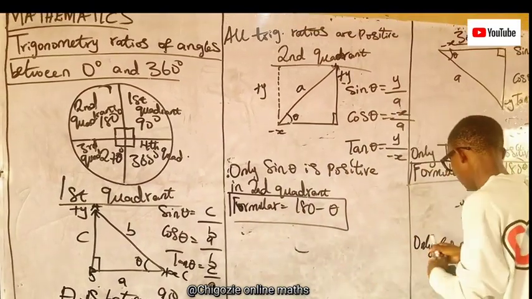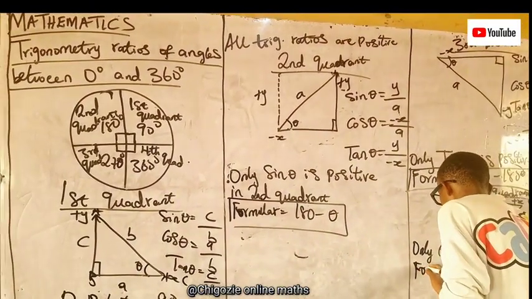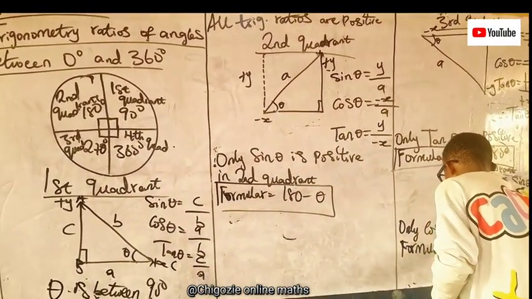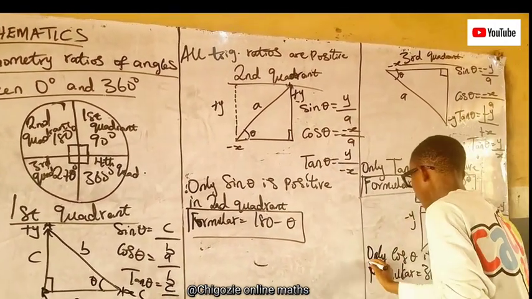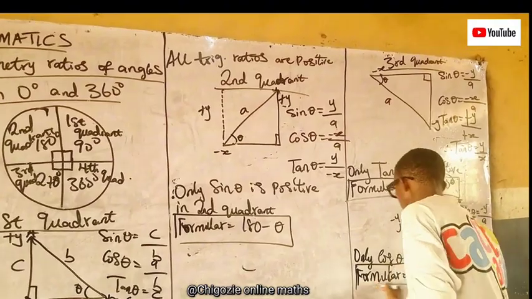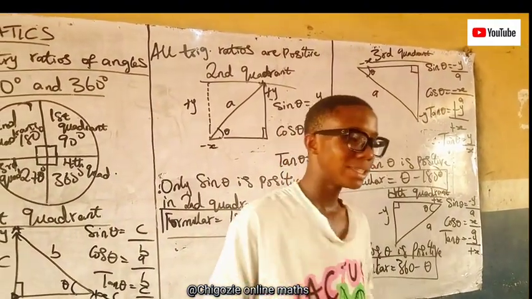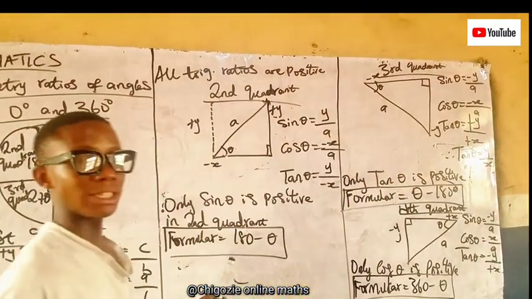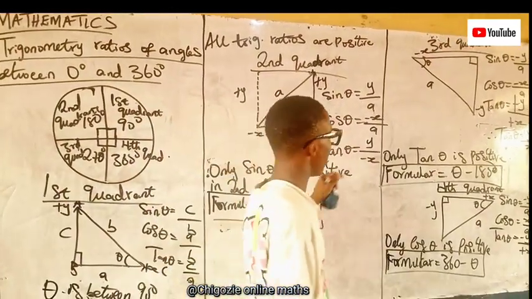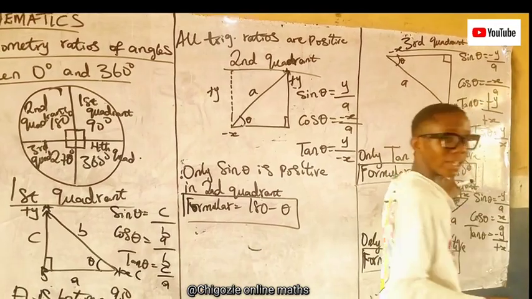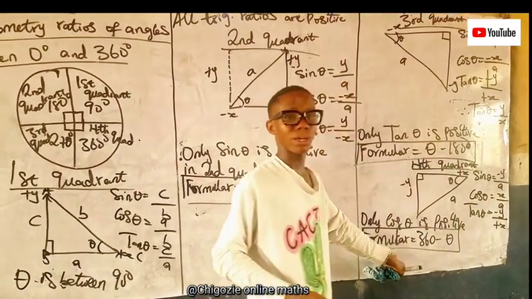Therefore, the formula will be 360 minus theta. This is the formula for the fourth quadrant. Now, second quadrant, the formula is 180 minus theta. Third quadrant is theta minus 180, and fourth quadrant is 360 minus theta.